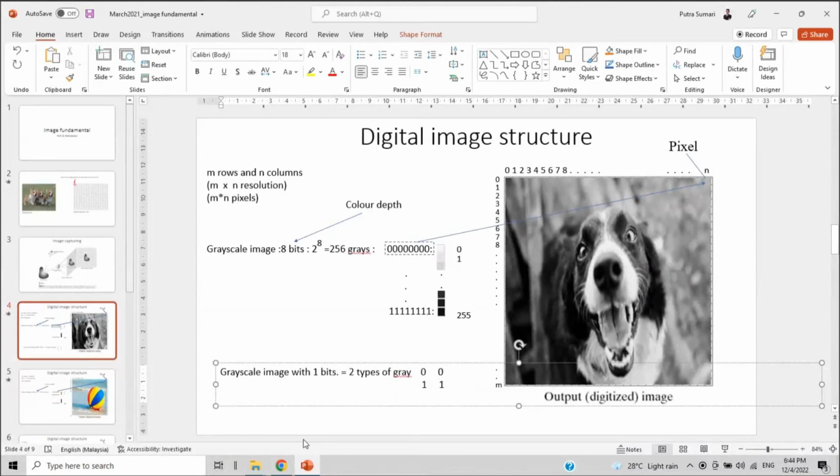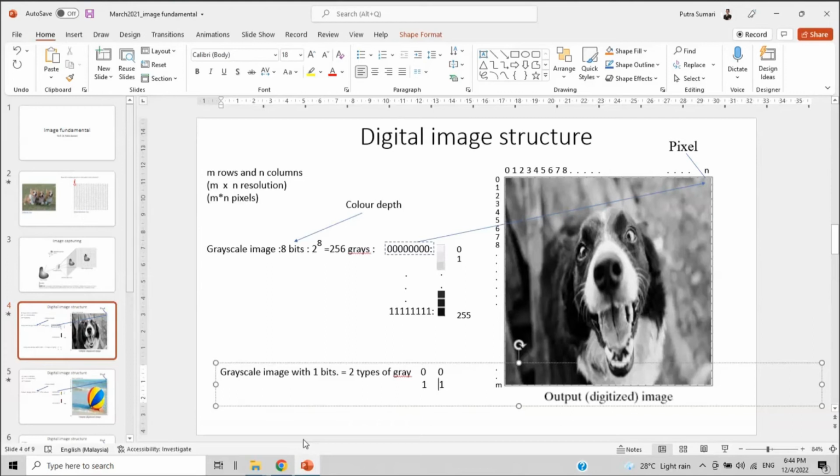I think I made a mistake; I swapped it. So zero is black, 255 is white. We will see it later in the content. Yes, I think you're right. Thank you.